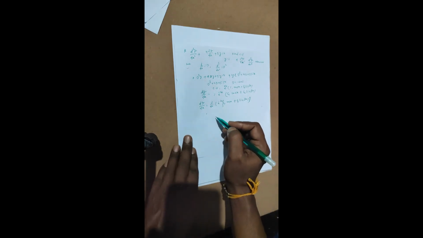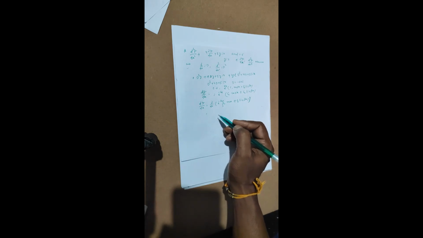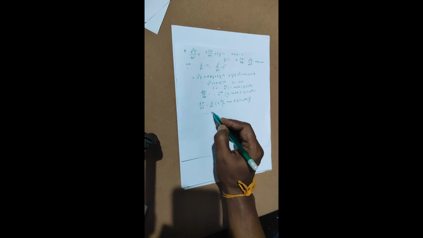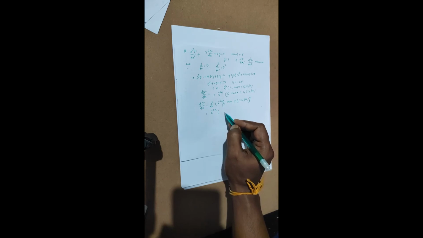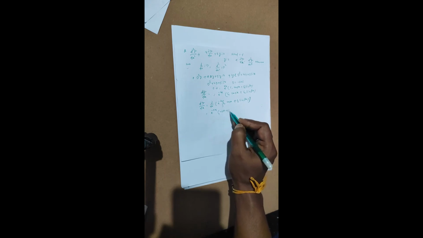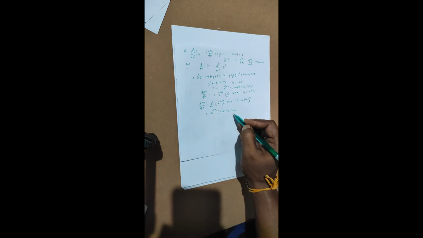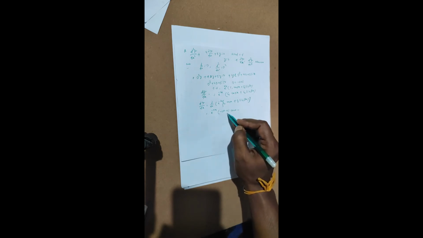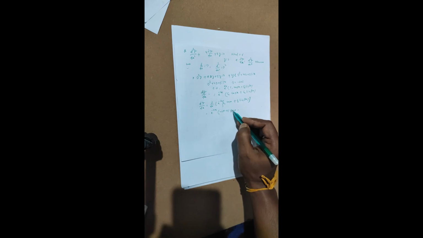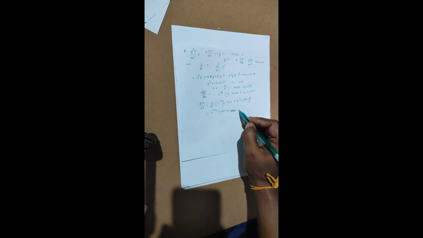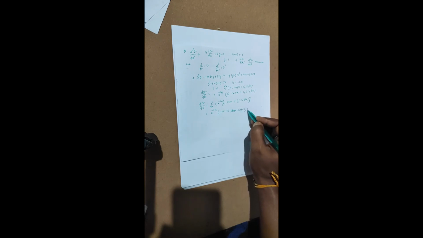So we get e to the power minus 2x, that is minus 2b, or beta we can write, that is minus 2 into cos x minus, e to the minus 2x into minus 2 cos derivative, that is sin x, plus b minus 4 into cos x.